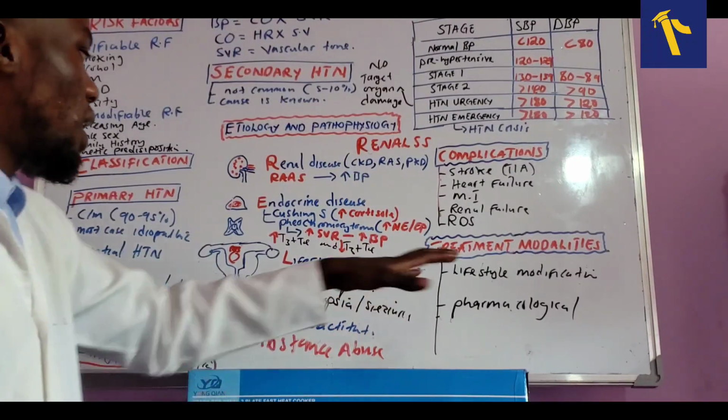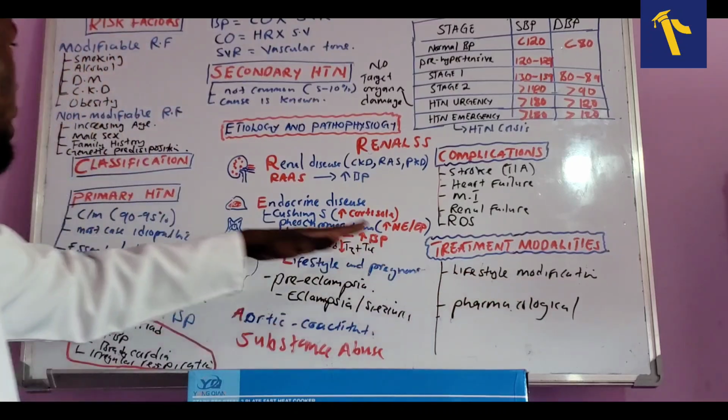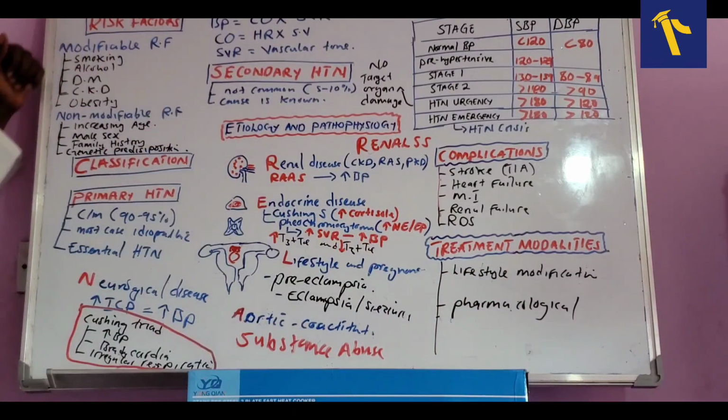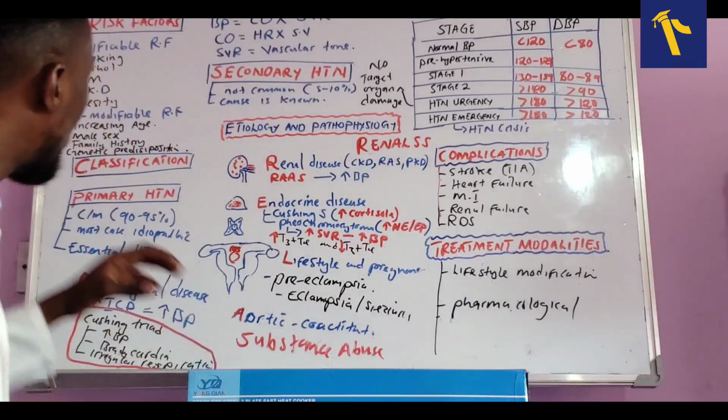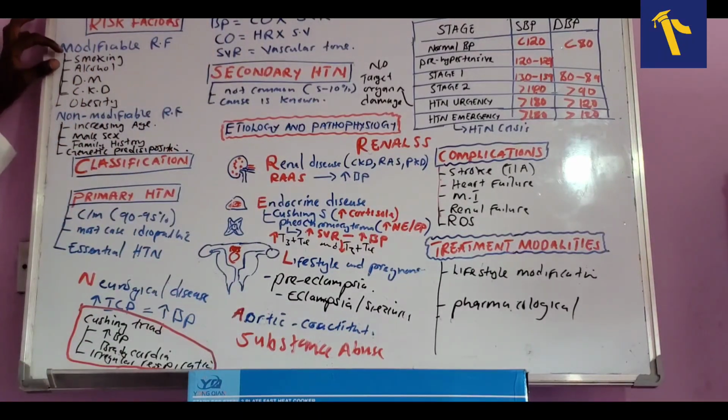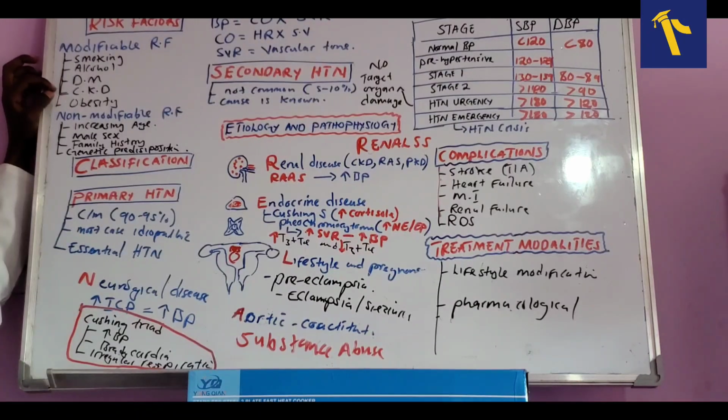For lifestyle modification, we said there are some modifiable risk factors for hypertension, meaning that you can try by all means to change them, like smoking, you stop smoking, you stop alcohol, the way you take nutrients in the body, and you need to be restricting salts, and make sure that you treat CKD.